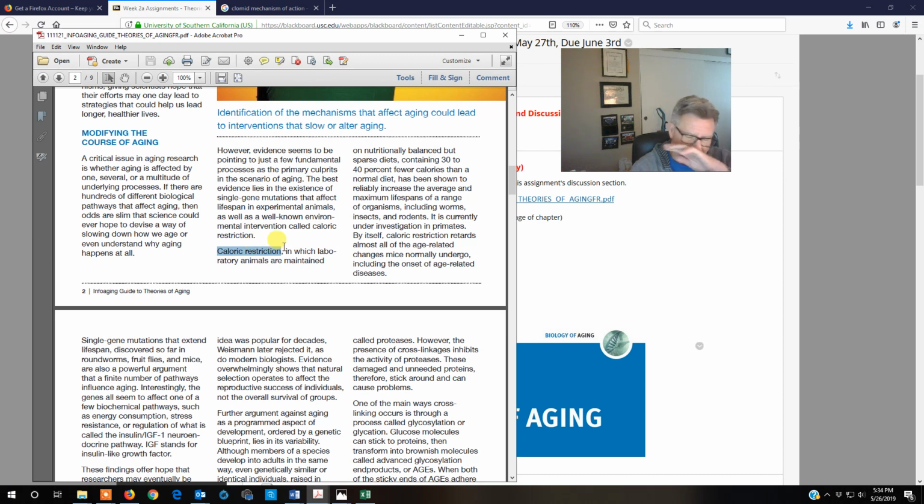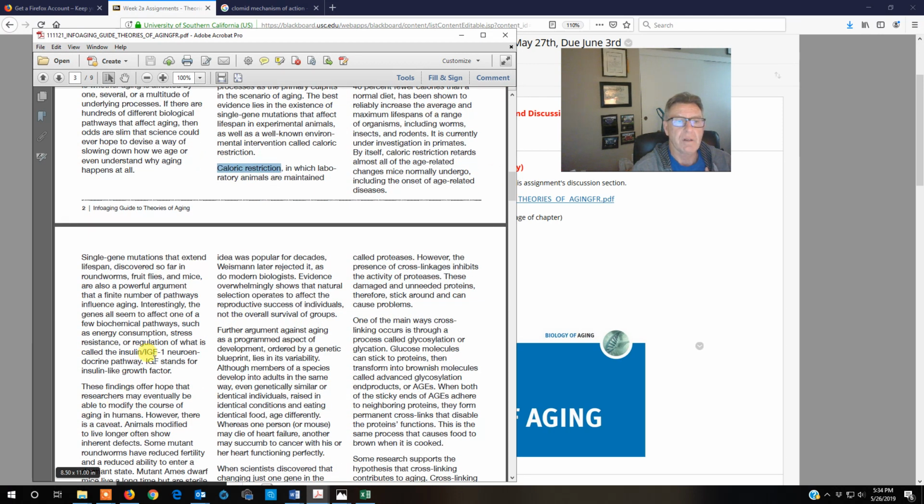We don't eat as much. You compare it to people, mice and rats, and even these short-lived creatures like yeast and C. elegans. If you don't let any organism gorge itself, they live longer, okay? And so all these calories cause this increase in insulin levels. So, if you have a donut, boom, your sugar levels go high and you produce all this insulin.